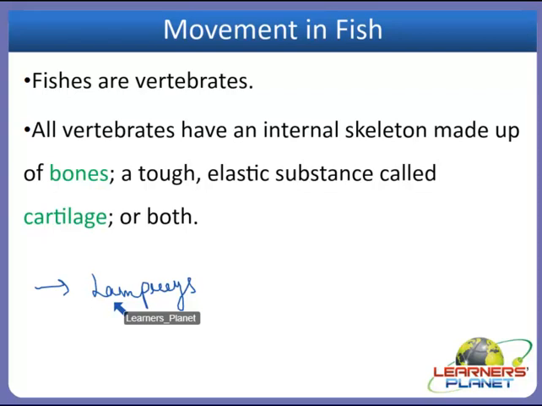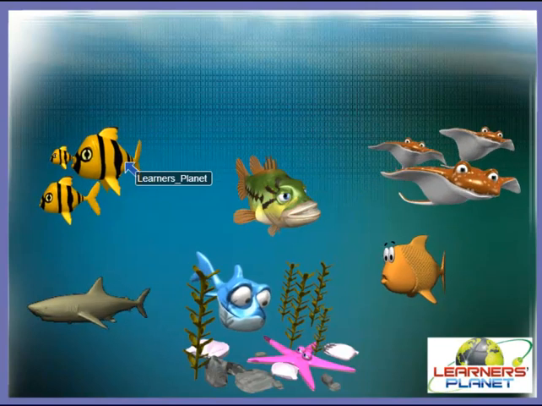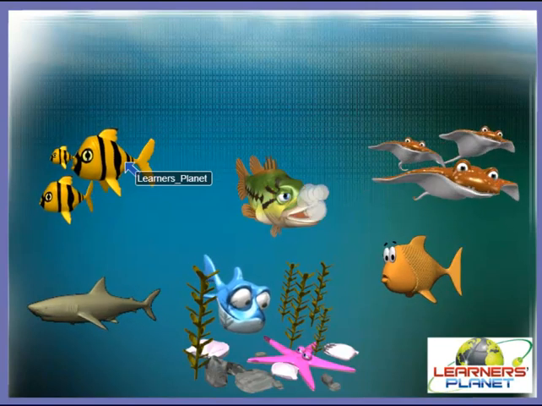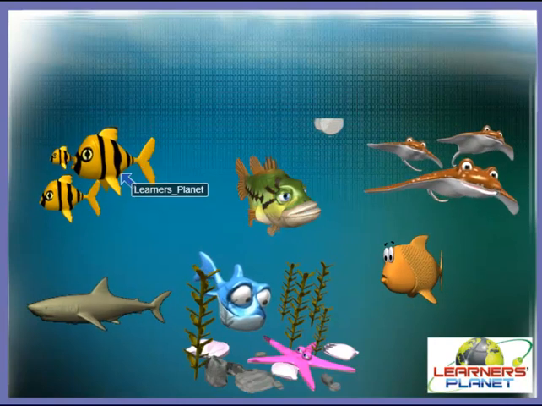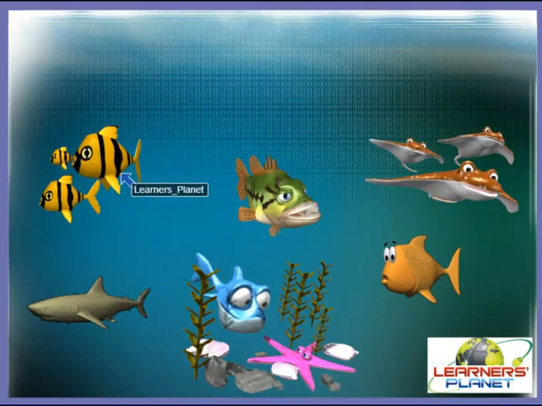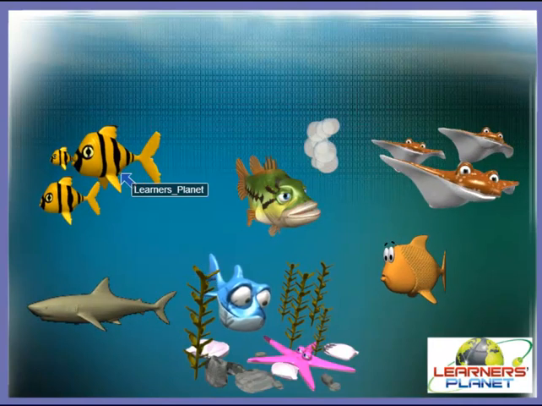Here you can see this body structure, the head and tail, they are narrow, while this middle portion of the body is broader. This is the shape which offers least resistance to the flow of water and makes it easier for them to swim through water.